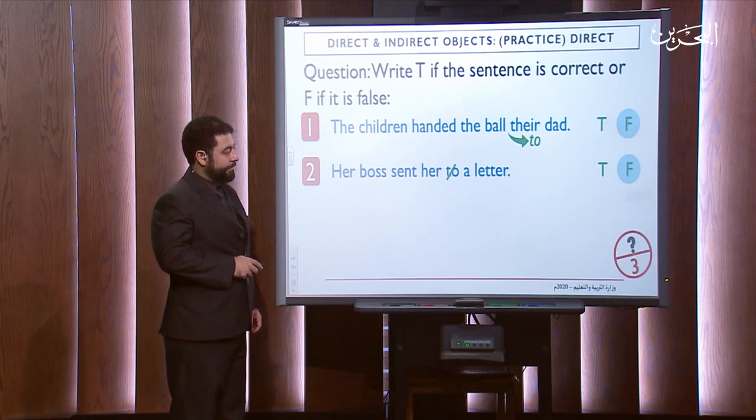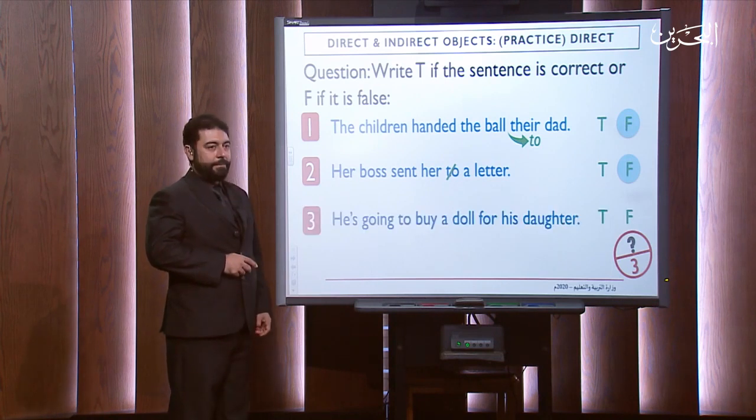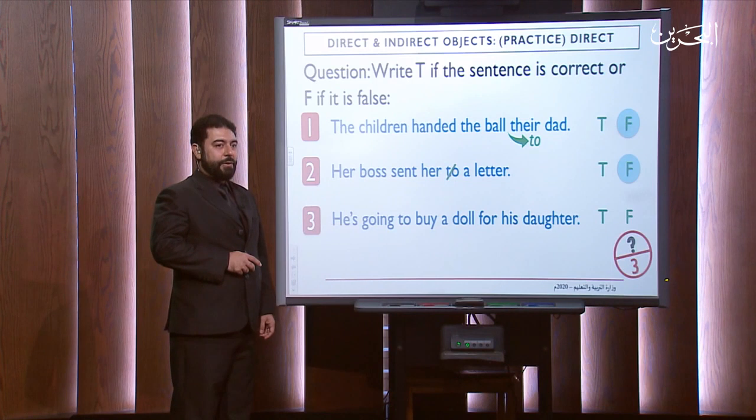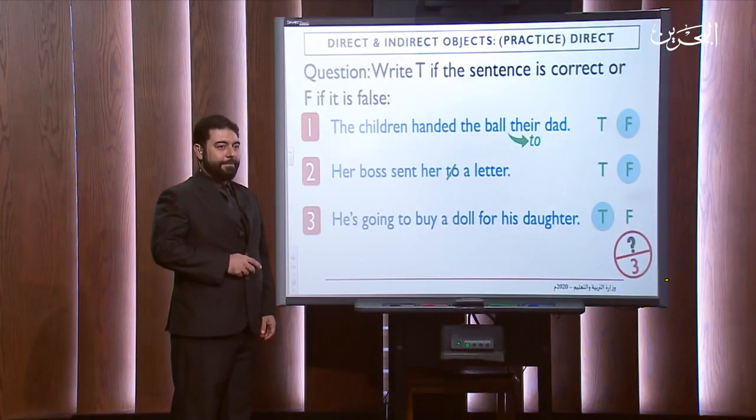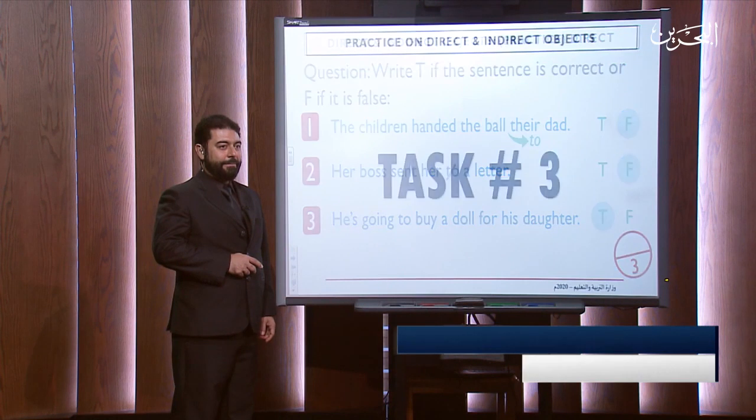All right. 3. He's going to buy a doll for his daughter. 5 seconds. Let's check the answer. It is true. Now, give yourself a mark of 3 and let's carry on.